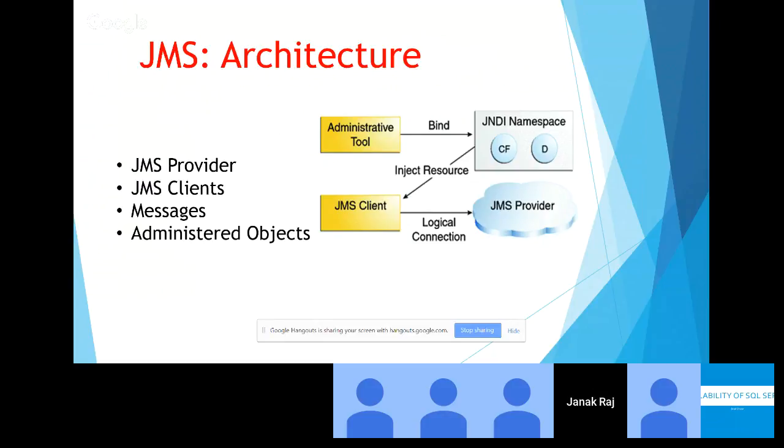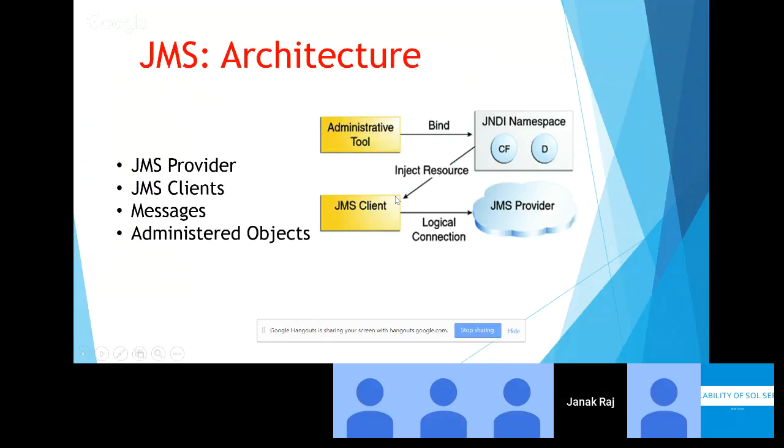Okay, let's describe this figure now. We are seeing it over here. The administrative tool allows us to bind the destinations and connection factories to the JNDI namespace. The JMS client can then use resource injection.